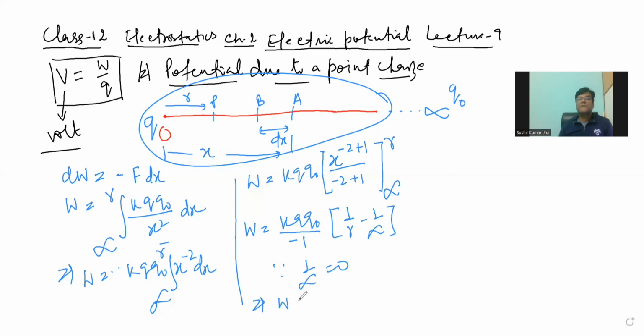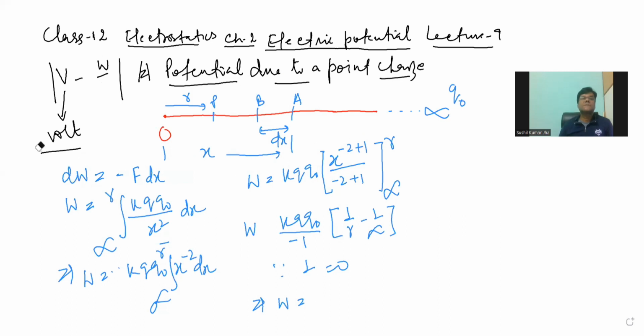therefore W is minus KQ Q naught upon R. Now we divide both sides by Q naught.